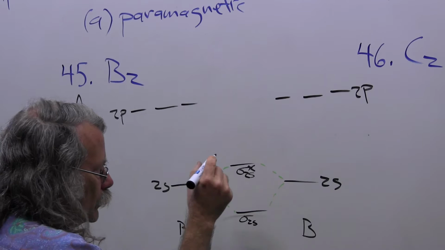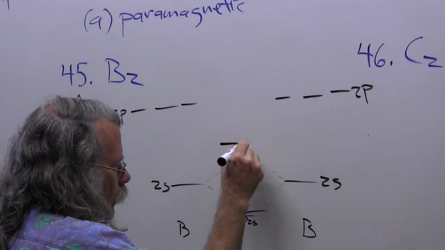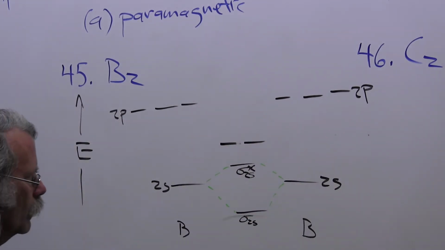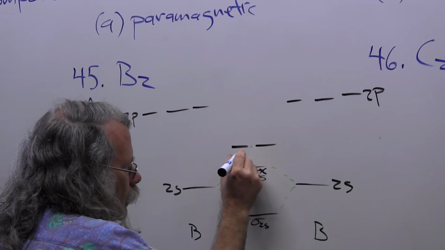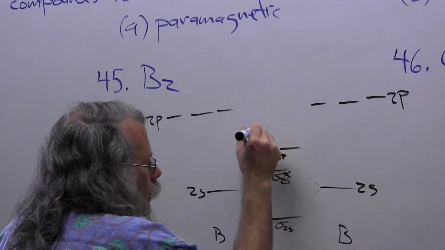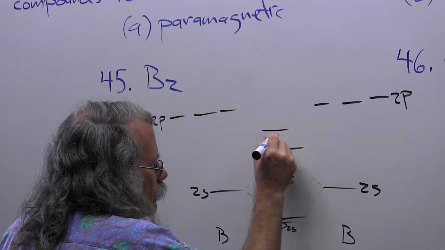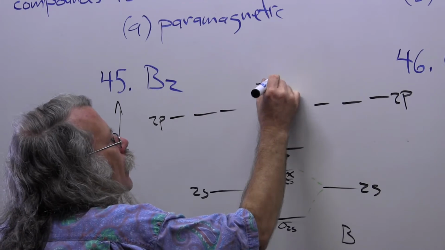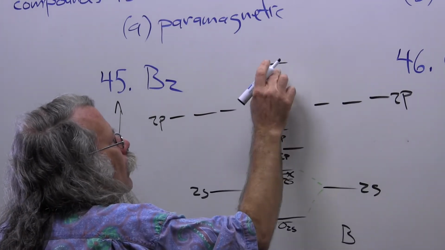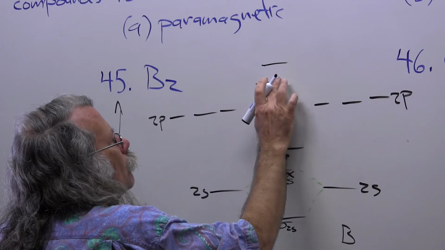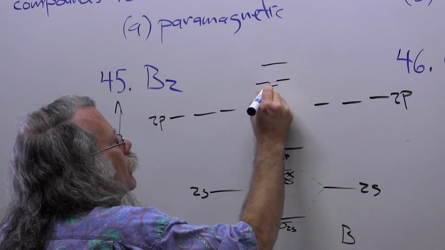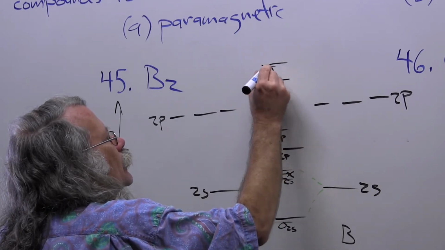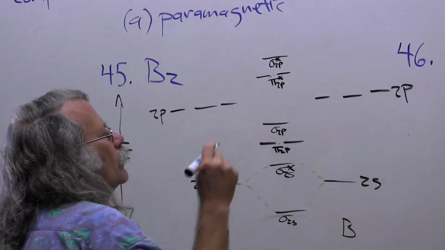And it turns out that for boron through nitrogen, the pi 2p lie lower in energy than the sigma 2p. And now, for all of them, the pi antibonding combination, pi star 2p, is below that of the sigma star 2p.